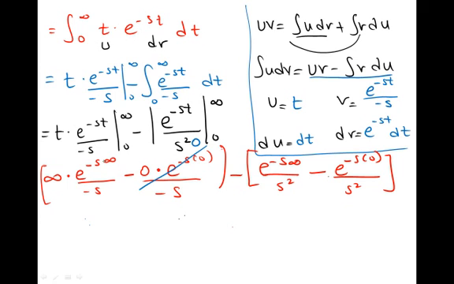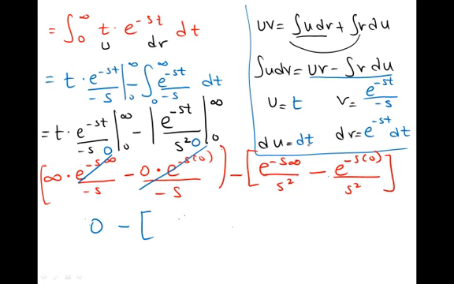And here e to the power of minus s times infinity means negative infinity, so this is going to be 0. 0 over s squared, again 0. Negative multiplied by 0 will give you again 0. 0 minus 0, so this part is going to be considered as a 0. Minus, now let's talk about this part.